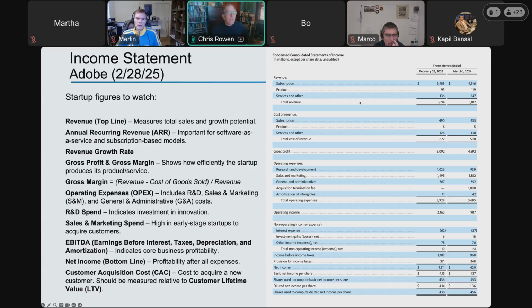So typically people talk about the top line, sort of this total revenue. That is all of the fulfilled obligations for delivery of product and services. And this often comes back into an important subcategory of recurring revenue, particularly in a business where there is software as a service or rental or subscription.